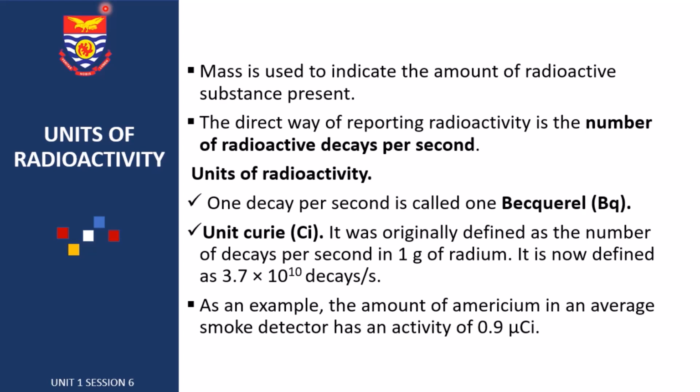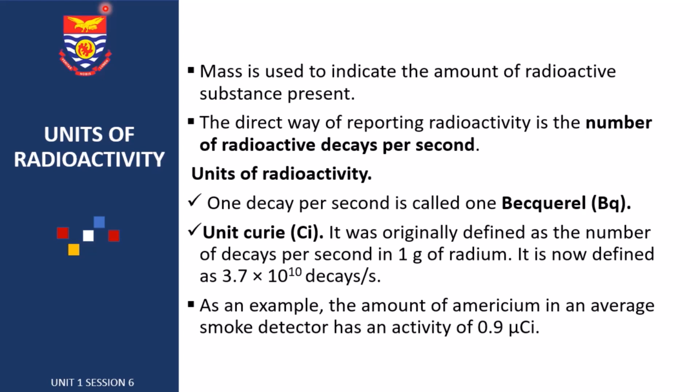Another thing that I want you to know is the Curie is named after Polish scientist Marie Curie, who performed some of the initial investigations into radioactive phenomena in the early 1900s.